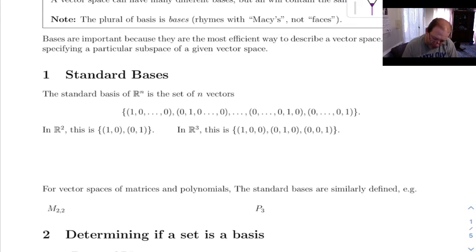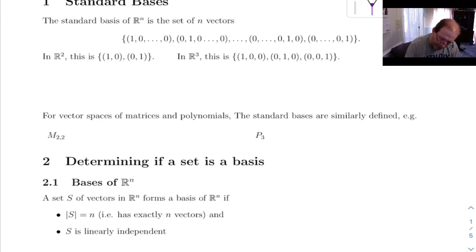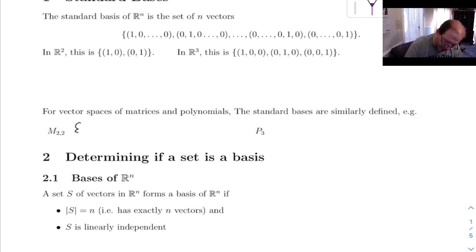For vector spaces consisting of matrices and polynomials, they're defined similarly. Like for M22, the standard basis would be this, this, this, and this.